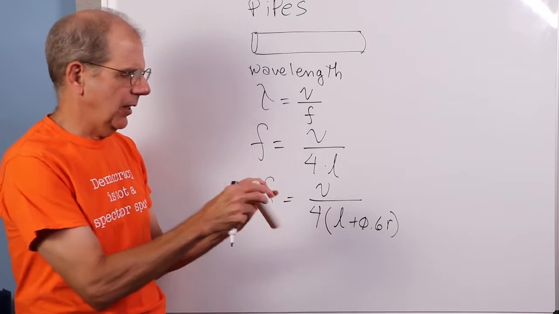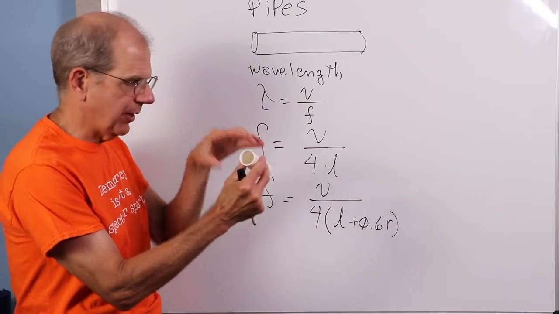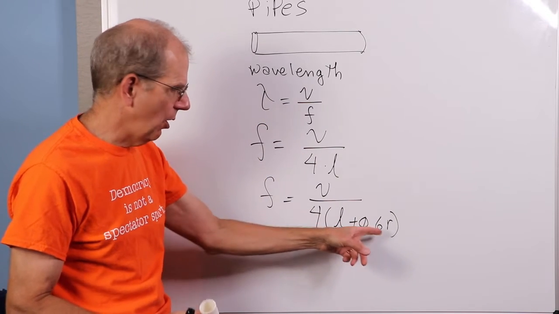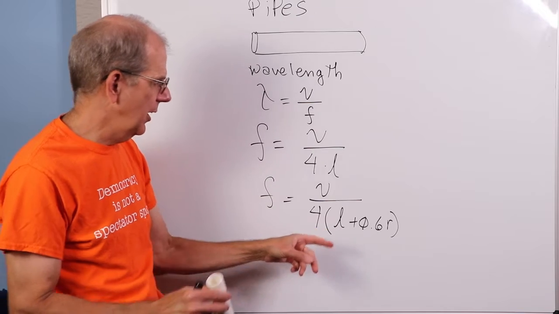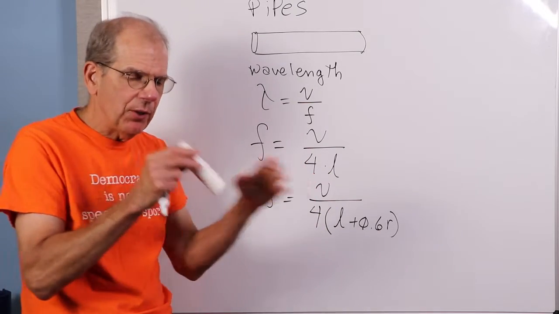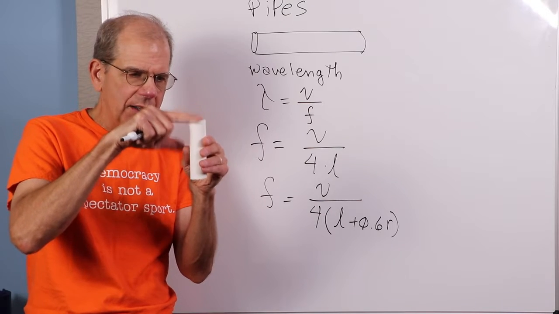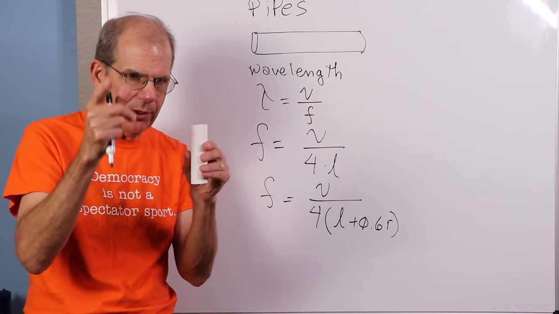The fatter this pipe is, the bigger the diameter or the radius, you're effectively adding a small fudge factor to the length, and that makes it appear a little bit longer. Like I said, you could just imagine a little fringing going on at the very end. It makes it appear a little longer.